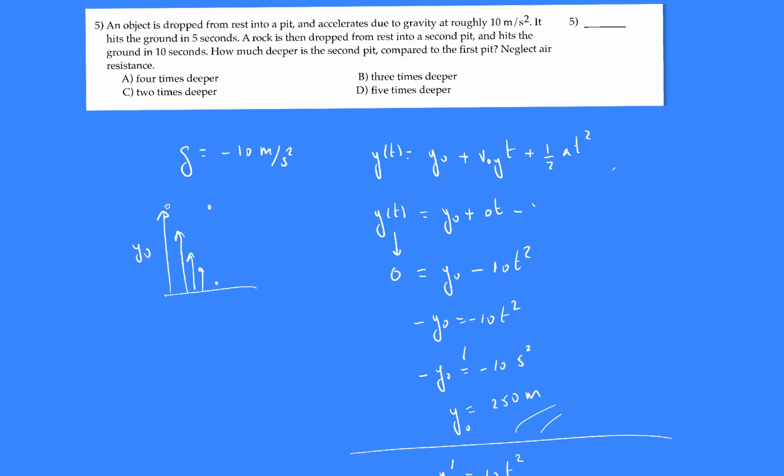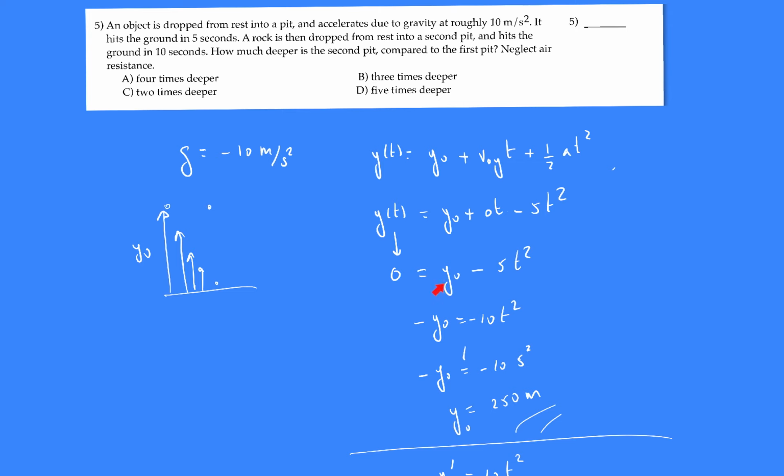So y0 minus 5t squared is 0 when it arrives at the floor. When it arrives at the floor, the position y is 0. So I need to find the y0 from where the body was launched.